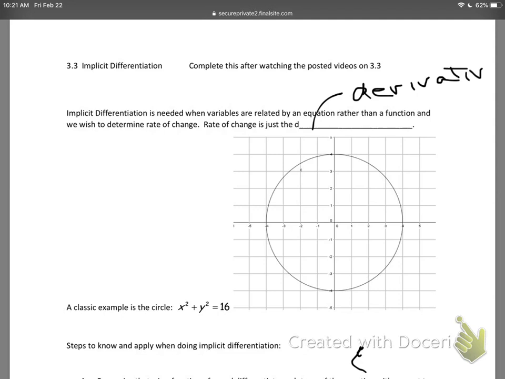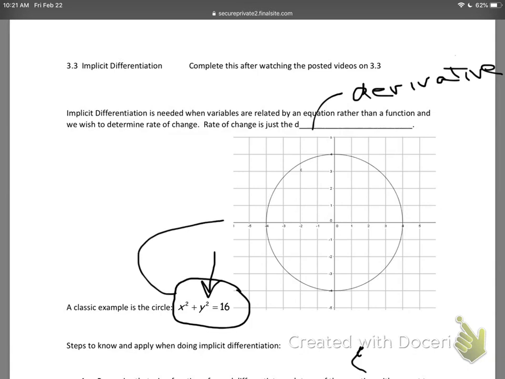Okay, so what do I mean about variables being related by an equation rather than a function? So right here is an equation. And see how you have your y embedded inside the equation? Well, whenever your y is embedded like that, or if it's raised to a power, you're going to take the derivative using implicit differentiation.